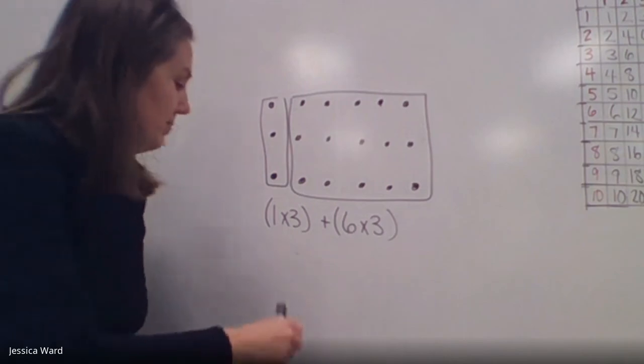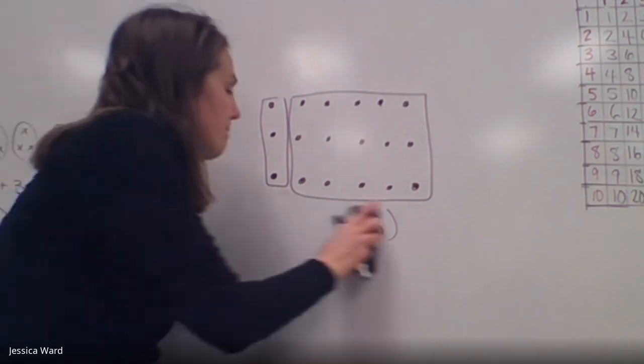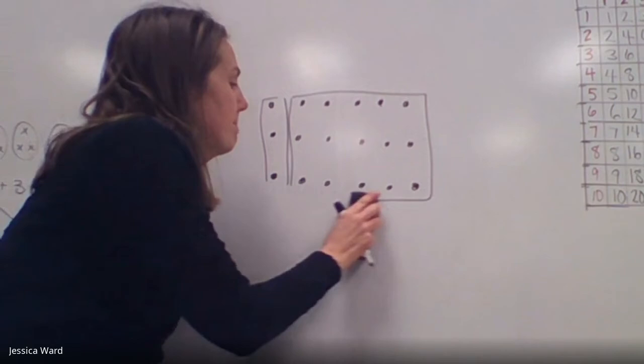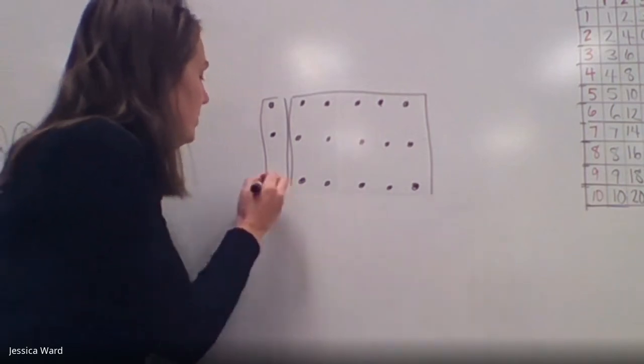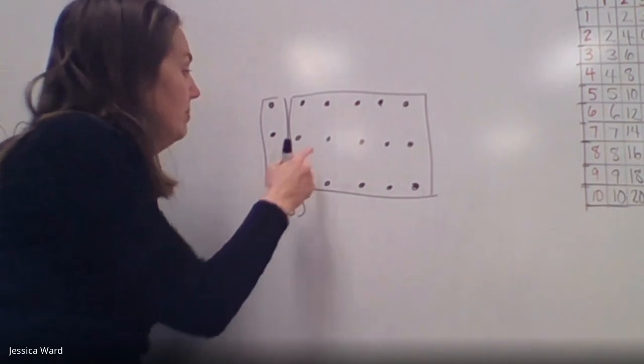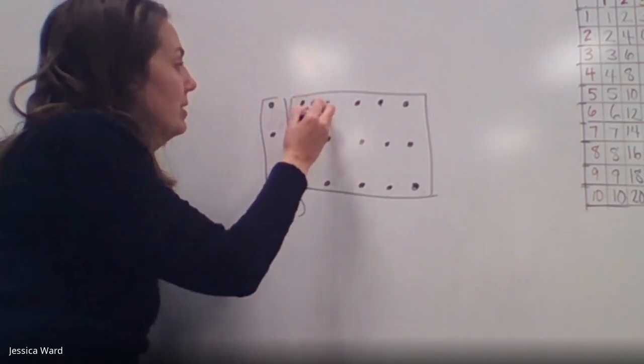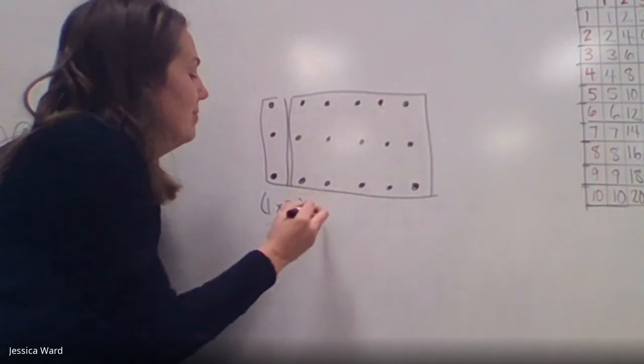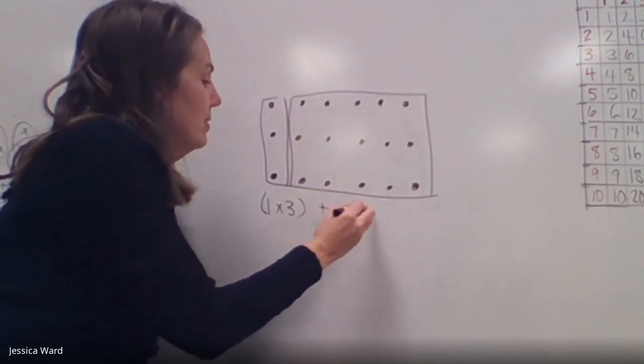Oh, wait, sorry. So I have 1 times 3 over here. But then over here I have 1, 2, 3, 4, 5 times 3.